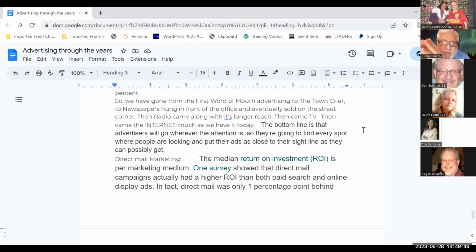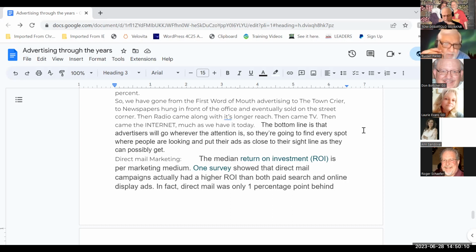Then radio came along with its longer reach. Then came TV. Then came the internet, much as we have it today. The bottom line is that advertisers will go wherever the attention is. So they're going to find every spot where people are looking and put their ads as close to their sight line as they can possibly get.